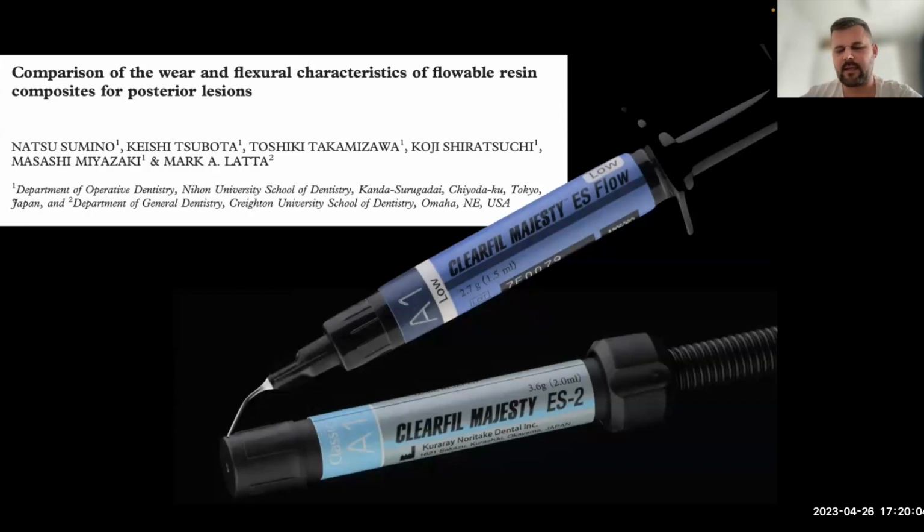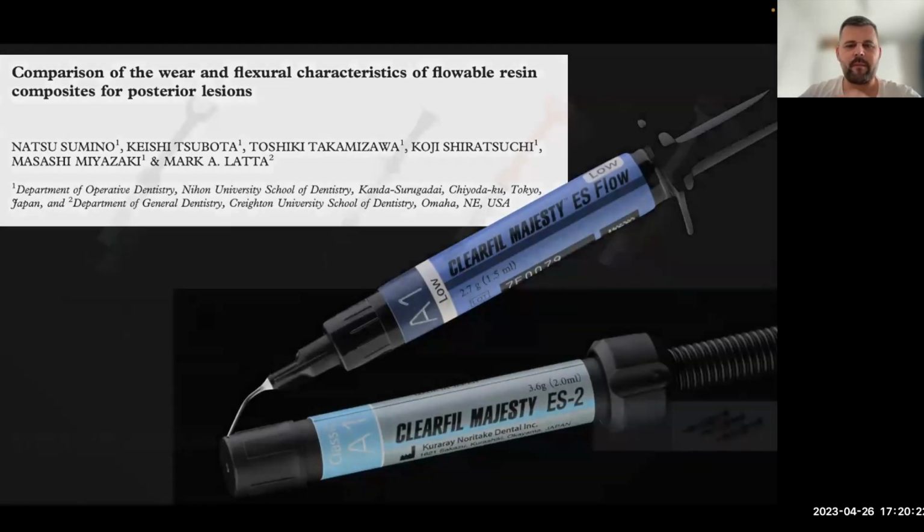Research last time, and you know that there's no difference between the new flowable composite like Clearfil Majesty ES Flow compared to the normal regular composite, which is Clearfil Majesty ES-2, this aesthetic one.